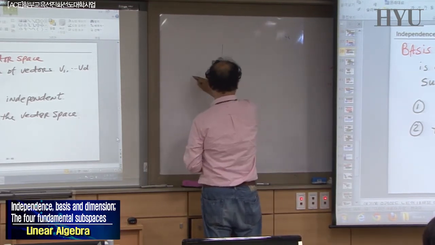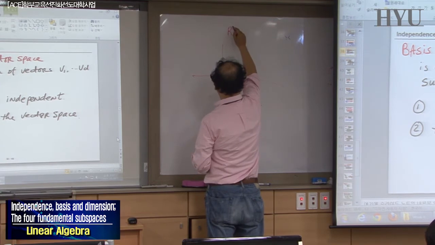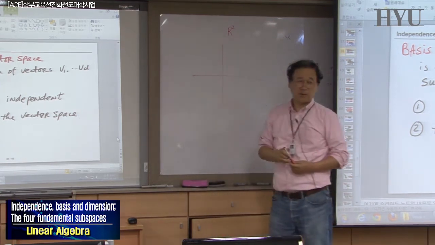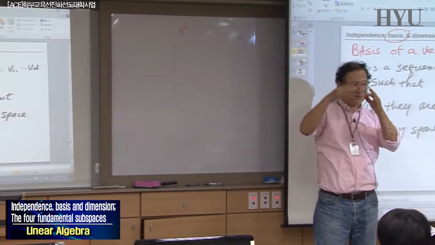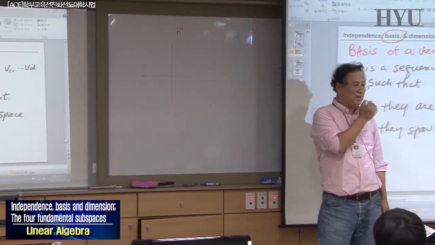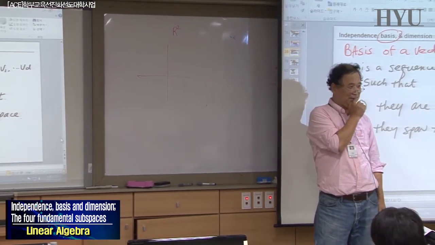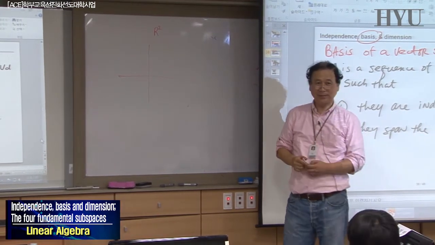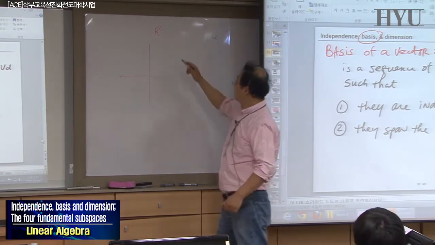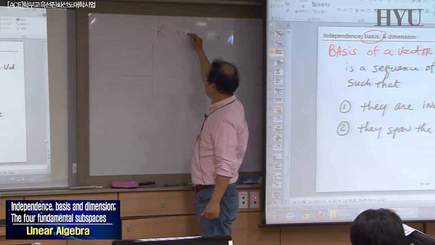Let's say this is R2. Just without further consideration, what's the basis here? This R2 is a vector space, right?